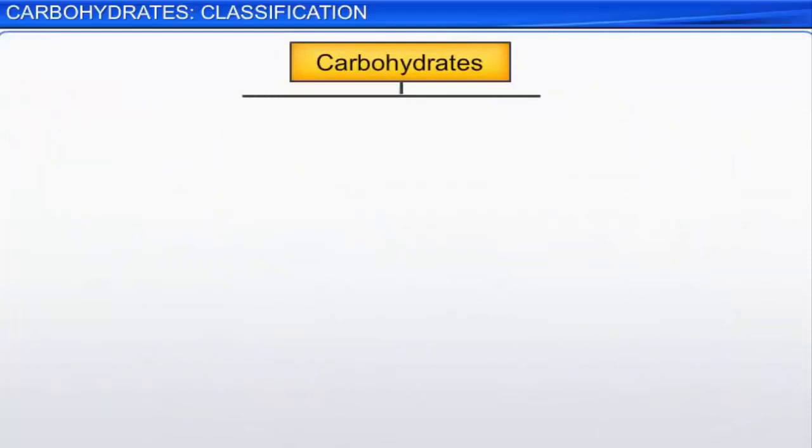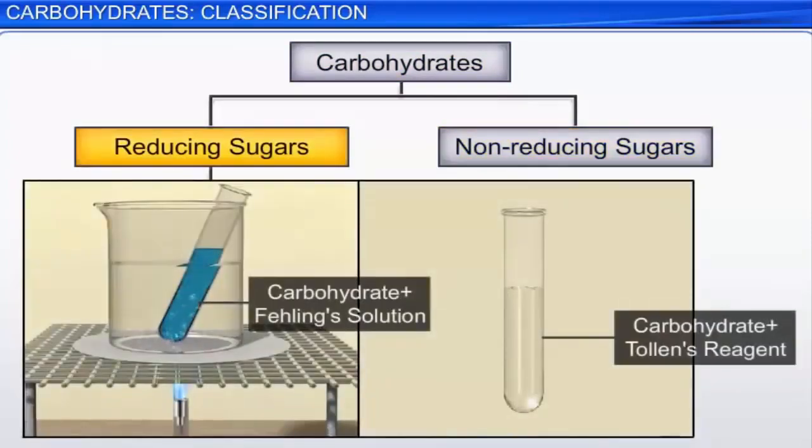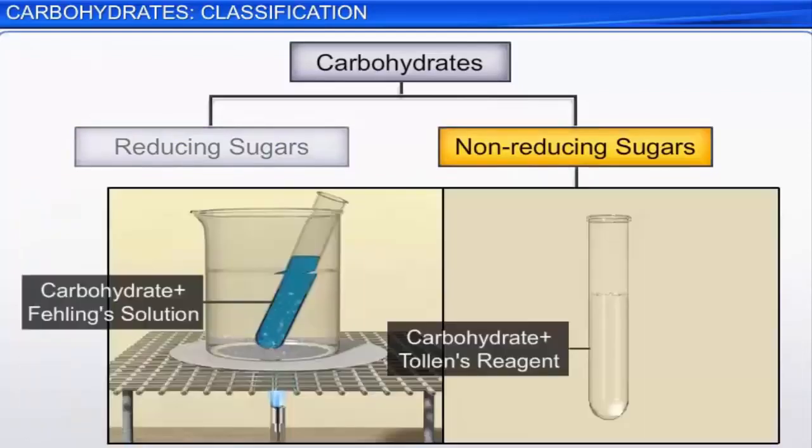Carbohydrates can also be classified as reducing sugars and non-reducing sugars. Reducing sugars are carbohydrates that reduce Fehling's solution or Tollens reagent. On the other hand, non-reducing sugars are carbohydrates that reduce neither Fehling's solution nor Tollens reagent.